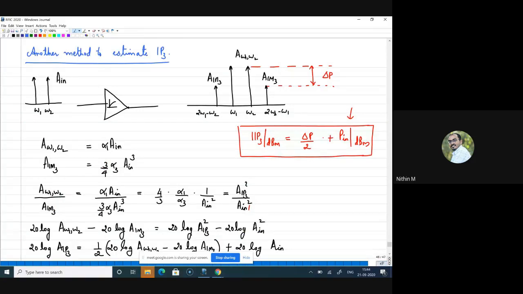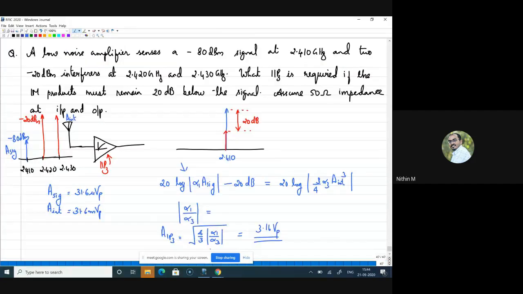Or you can convert this in the form of dBm and check whether both answers are coming the same. Yes, sir, I'm just doing that. Yeah, please do that. So you will get the AIP3 value as 3.16, and you can write this value in terms of dBm also, right?